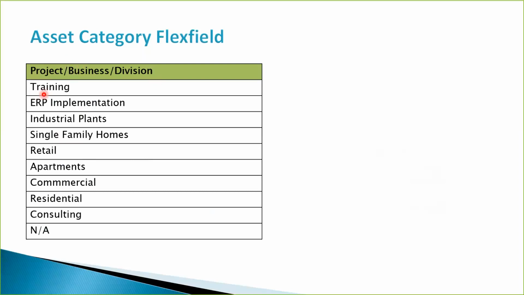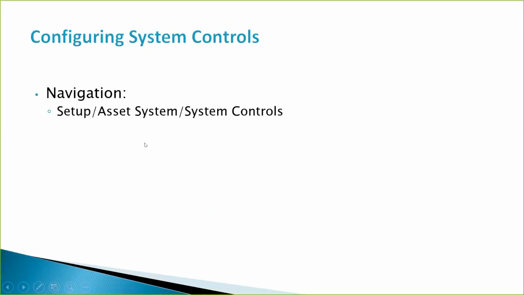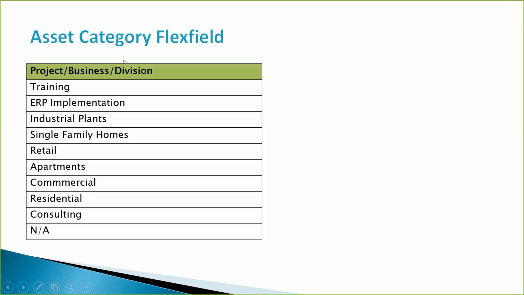And we'll also have a not applicable value just in case you don't have a value that you can select for this particular flex field. So, and apologies for this mistake, it should be asset key, not asset category. Okay.